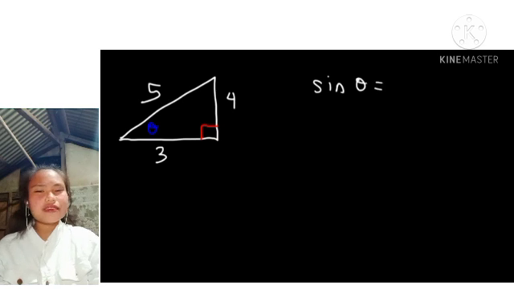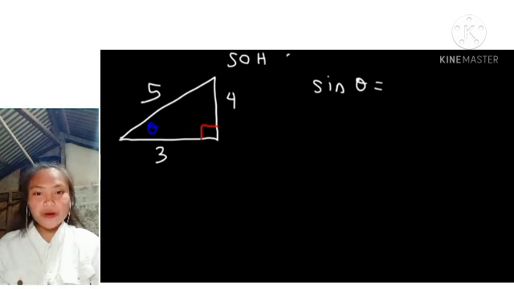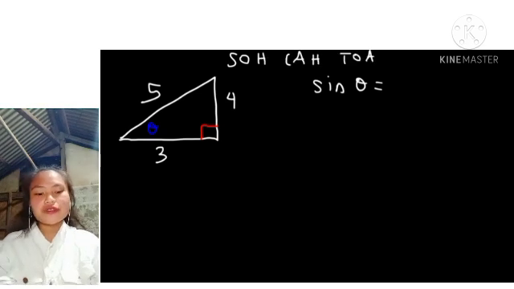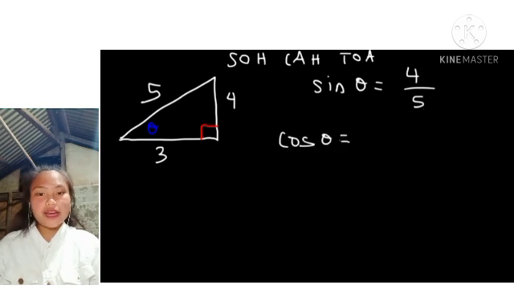So now, let's finish this problem. What is the value of sine theta? According to SOH CAH TOA, sine theta is equal to the opposite side divided by the hypotenuse. Opposite to theta is 4 and the hypotenuse is 5. So therefore, sine theta is going to be 4 divided by 5.